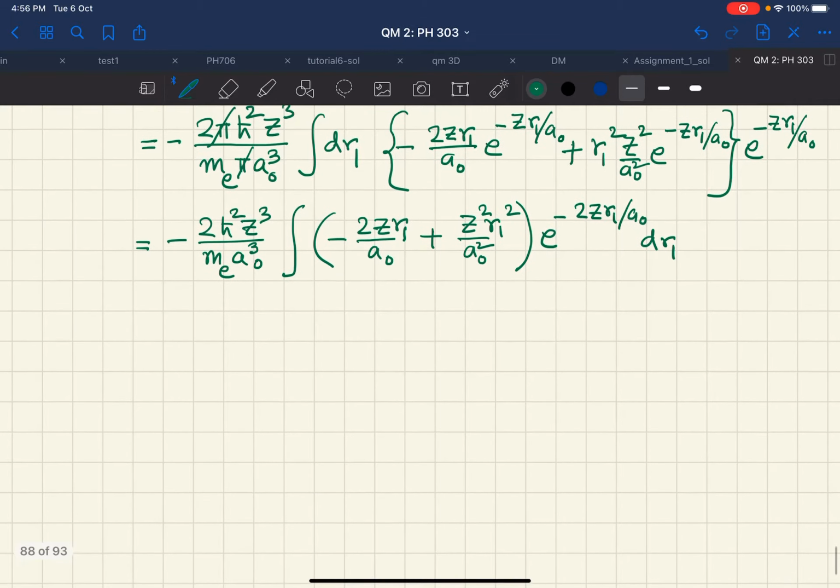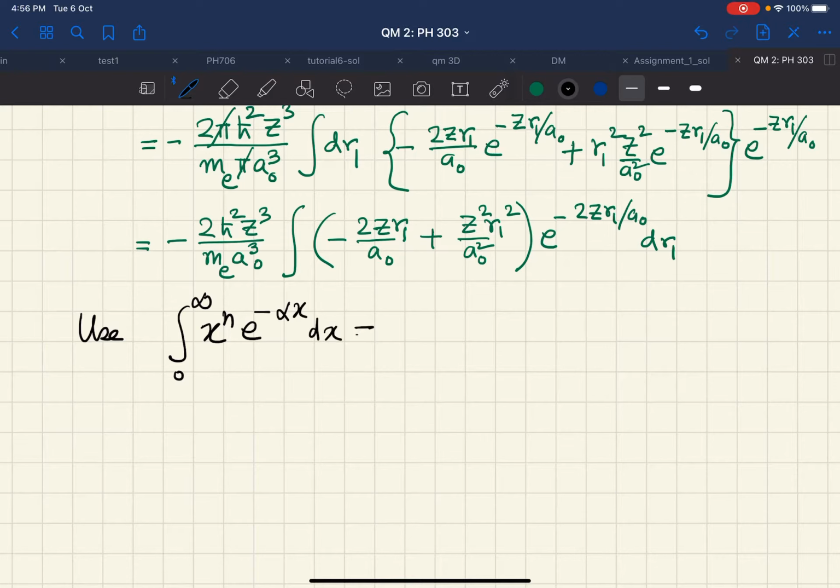Now at this stage we will use a standard result of integration, that from 0 to infinity x to the n e to the minus alpha x dx is given by n factorial by alpha to the n plus 1.